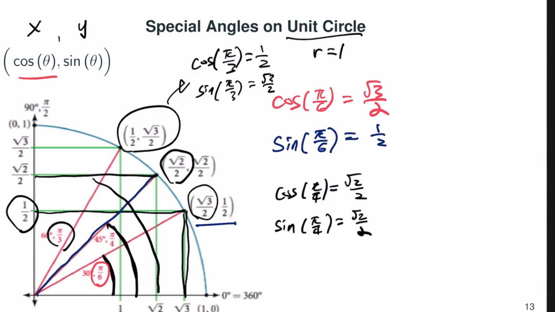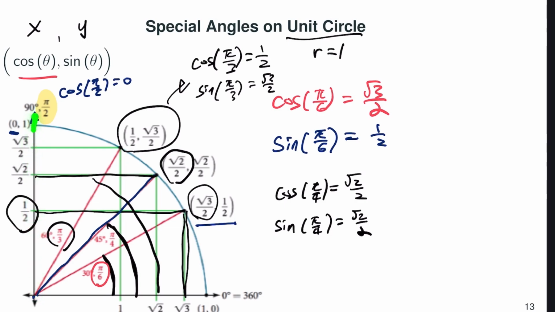Okay. So then let's look at this right here. This angle is pi over 2. Well, for pi over 2, here we do not have any horizontal distance, right? So that's why cosine of pi over 2 is 0. From initial ray to terminal ray, here's the terminal ray.